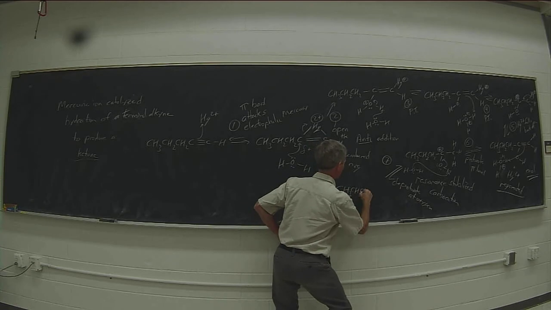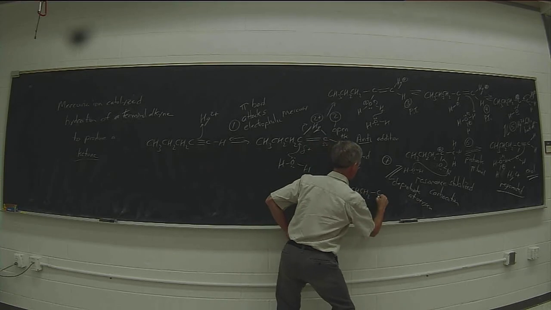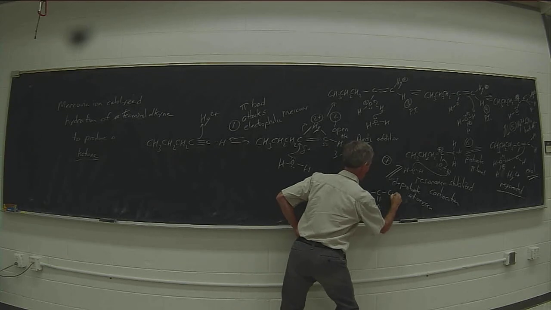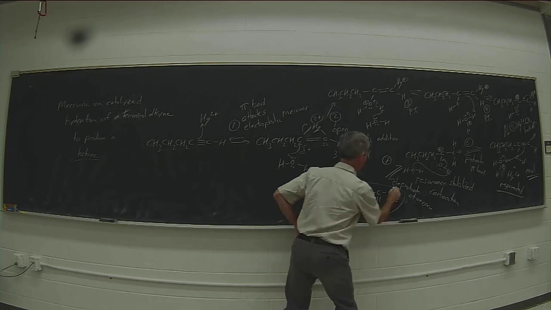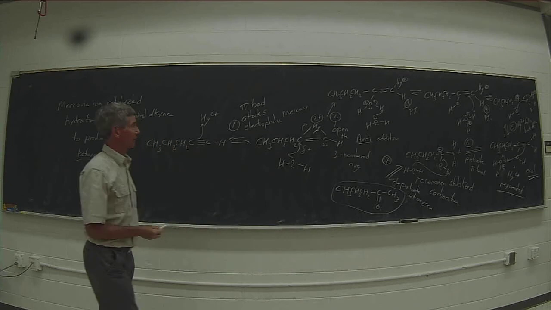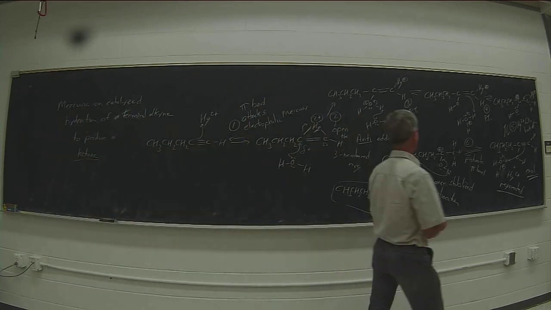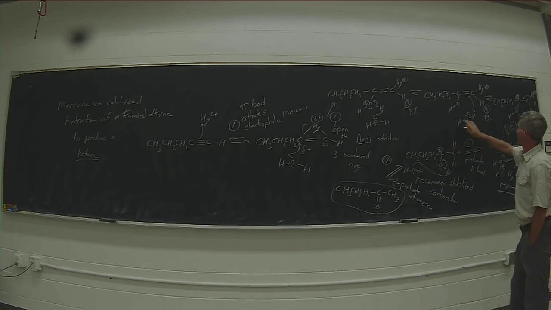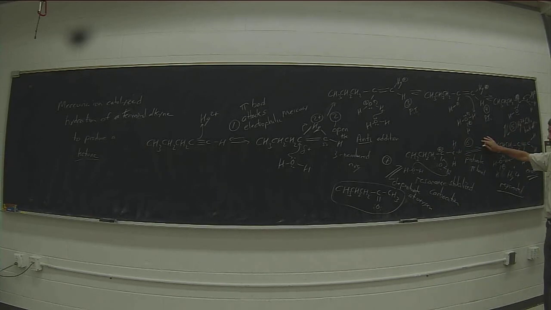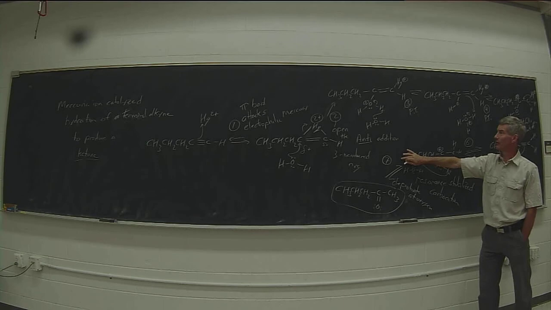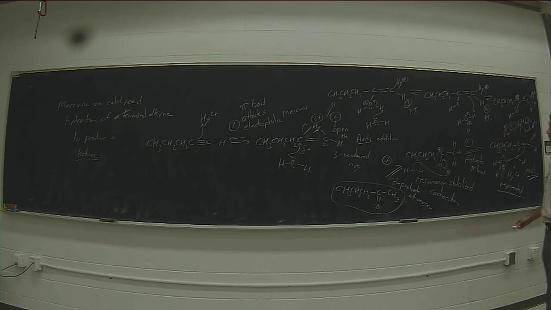This mechanism is fairly typical of mechanisms that happen in acid solution, in that there are a lot of proton transfer reactions. Right? Step 3 is a proton transfer, step 4 is a proton transfer, step 6 is a proton transfer, and step 7 is a proton transfer. So you've got 4 proton transfers out of your 7 steps.